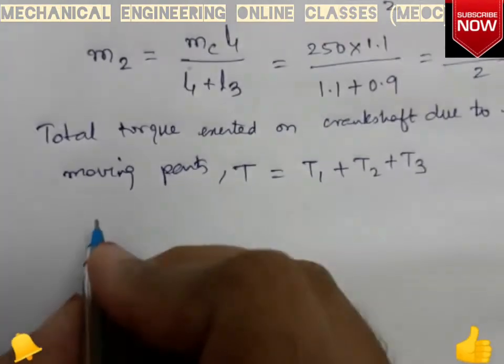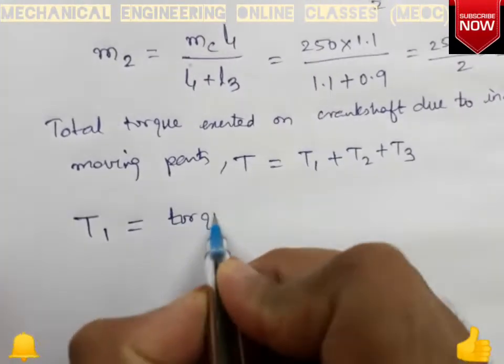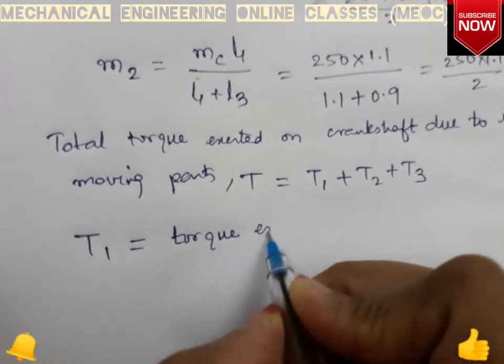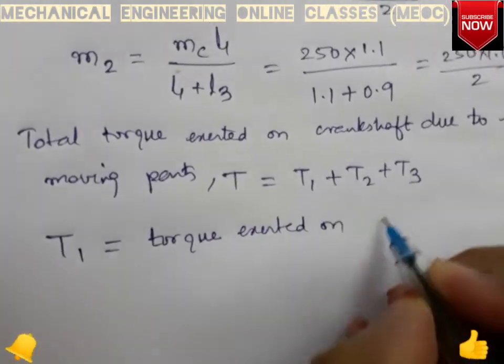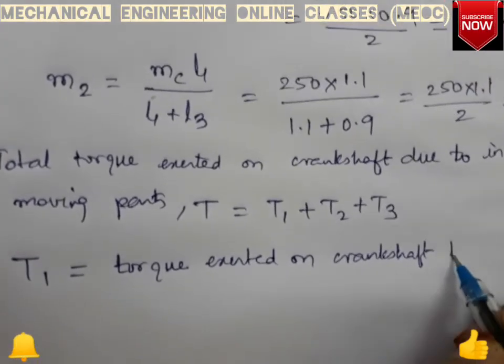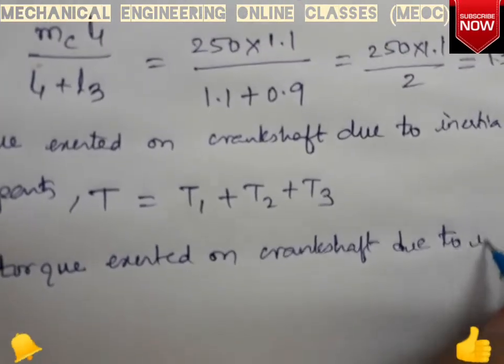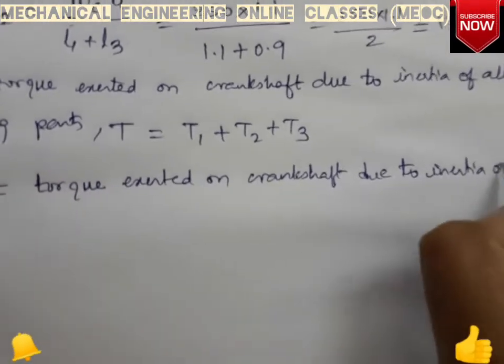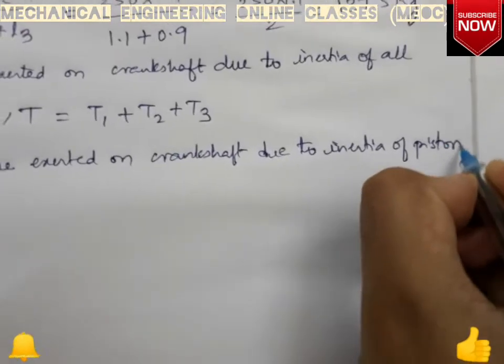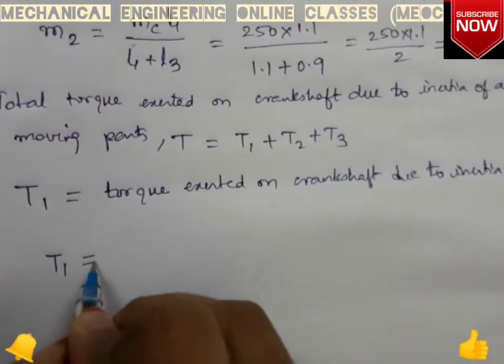We know that T1 is the torque exerted on the crankshaft due to inertia of the piston.